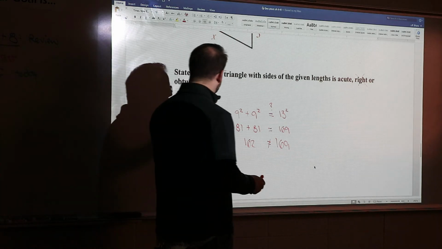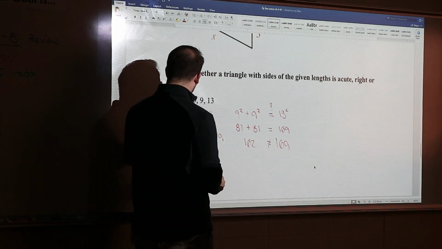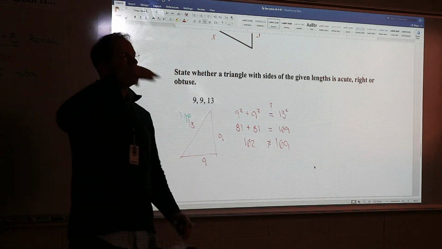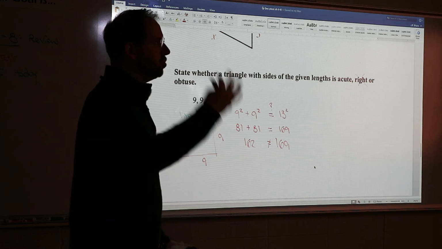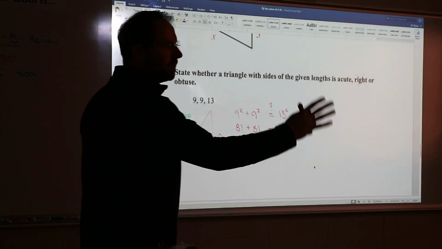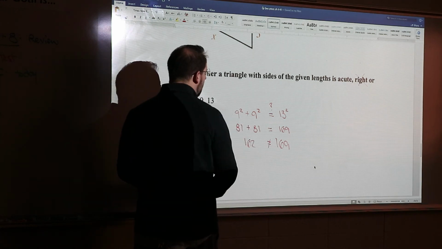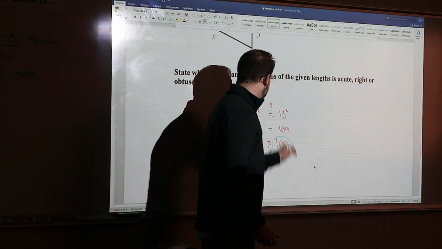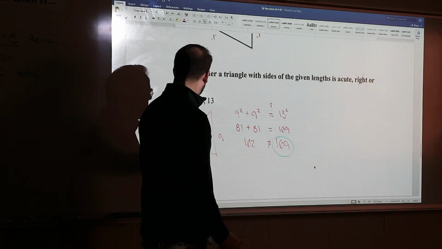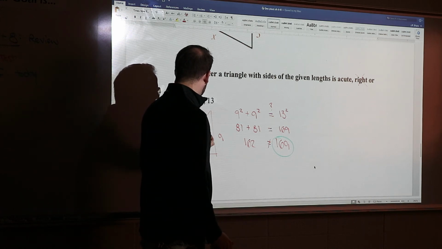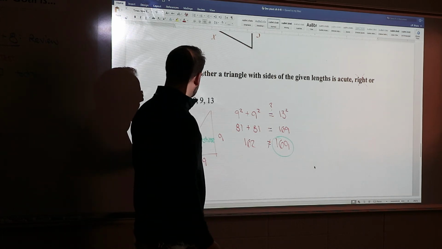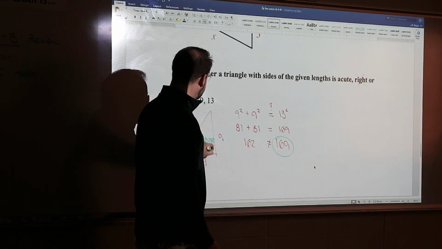Now, what I always do is, the hypotenuse tells me everything. If the hypotenuse is too big, it's obtuse. If it's too small, it's acute. If it's perfect, it's a right triangle. We already threw out that it's a right triangle. They're not perfectly equal. Is the hypotenuse too big? Then this is an obtuse triangle. The reason why is this wall turned out to be too big compared to the others, so that means this angle is too big.